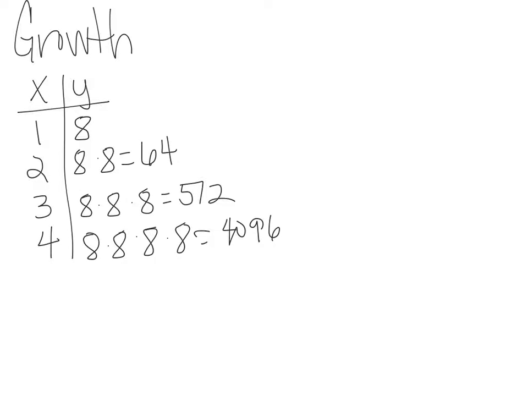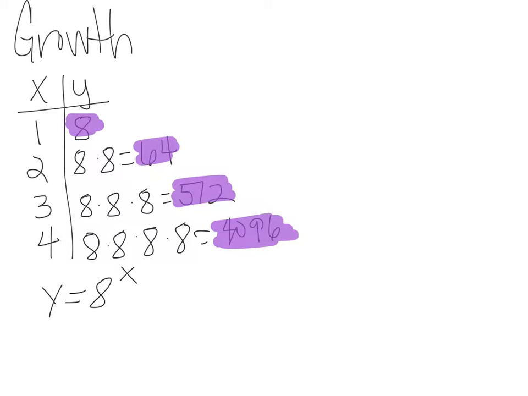Now, what that shows you is just how fast numbers can grow if you are using exponential growth. So we start at 8, 64, 512, 4,096. And of course, there's an equation associated with it. So if you were to put in your calculator, y equals 8 raised to the x power, that would be an example of exponential growth, and what you have there is the table.